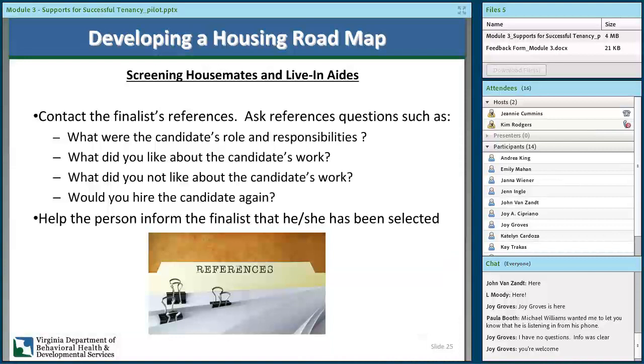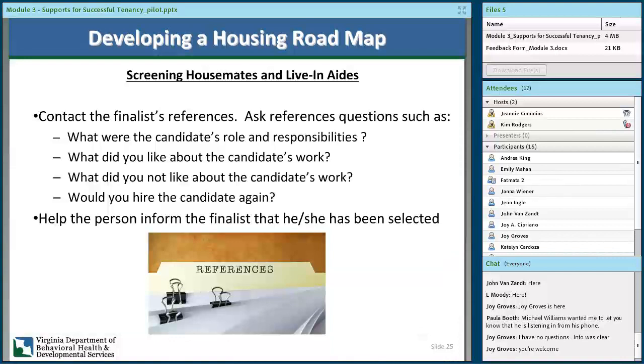What did you not like about the candidate's work? For example, did he or she often fail to show up on time to work, fail to follow instructions, or fail to get along with residents or coworkers, or not complete tasks on time or accurately? And last but not least, would you hire the candidate again?